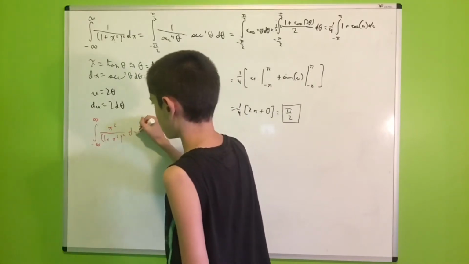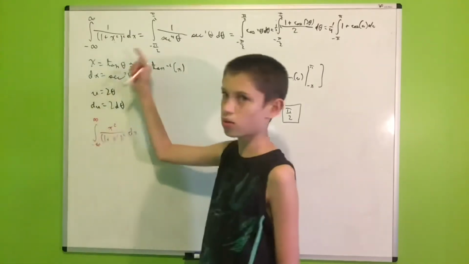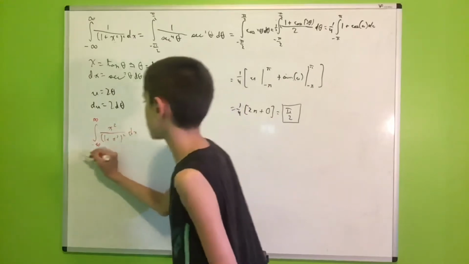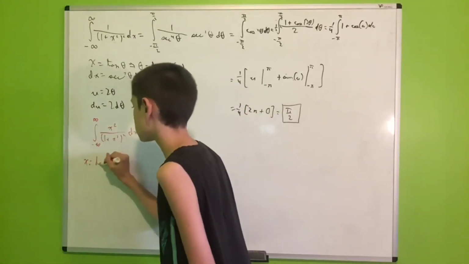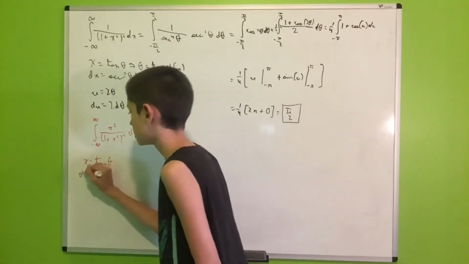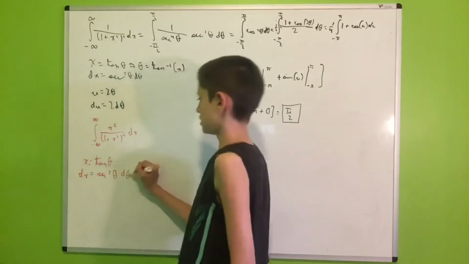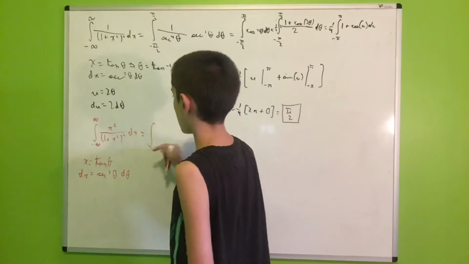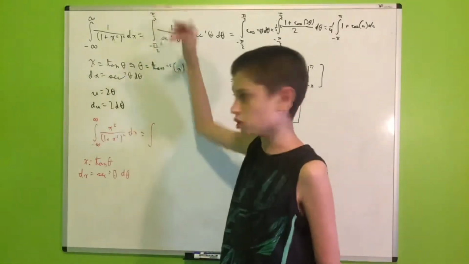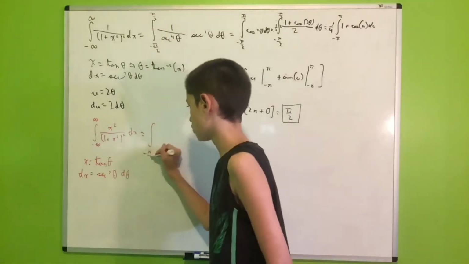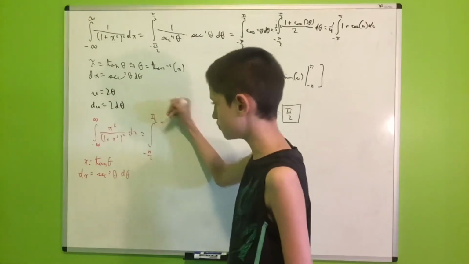And now we will introduce the same substitution as before. So x equals tangent theta, which means dx will be secant squared theta d theta. And now our bounds will be as before, so negative pi over 2 to pi over 2.